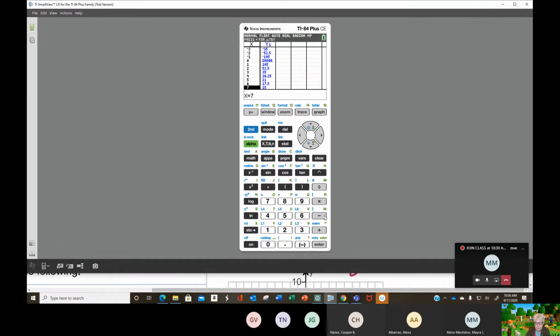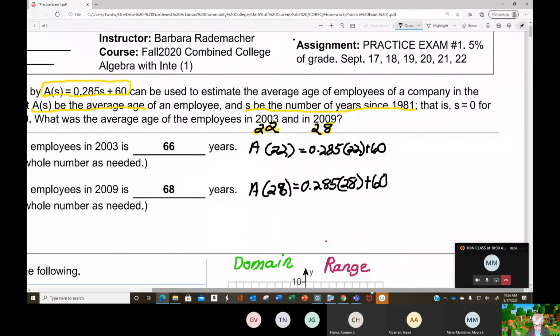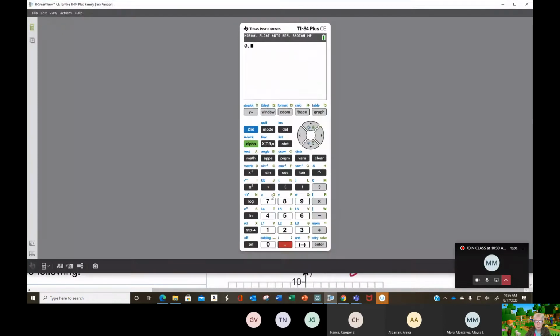Okay, so 0.285 times 22 plus 60 gives us 66.27.